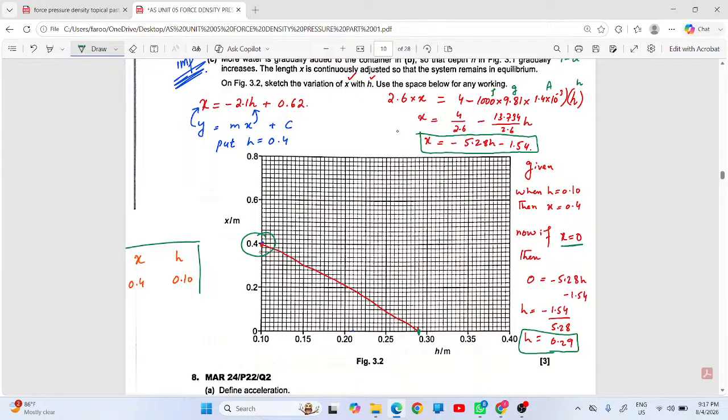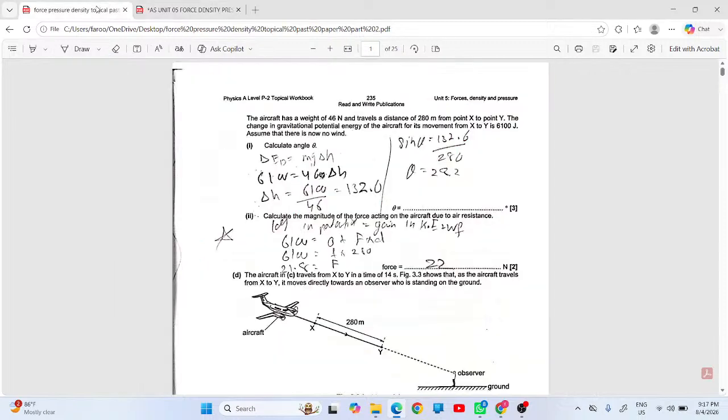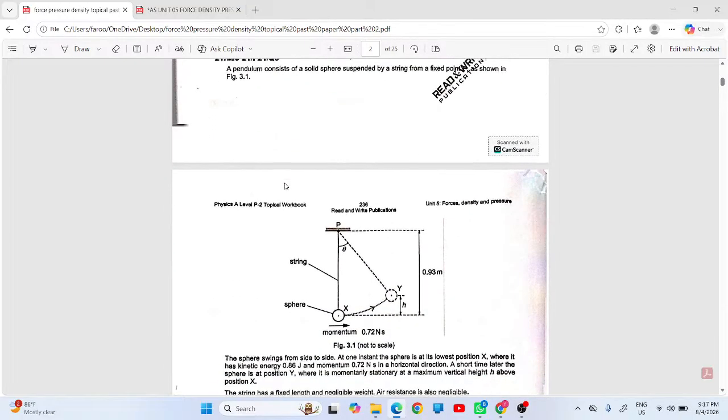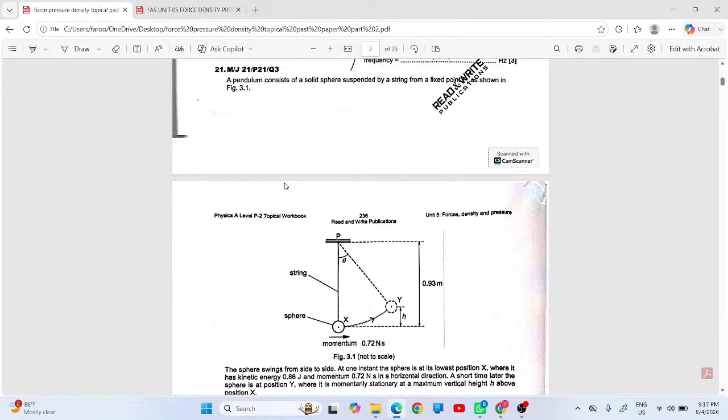Now you have to join these 2 points by a straight line because this is the equation of a straight line. Any confusion? बस थोड़ी कैलकुलेशन में मिस्टेक हुई थी. ये है आपका क्वेश्चन. जी बच्चे पढ़े.